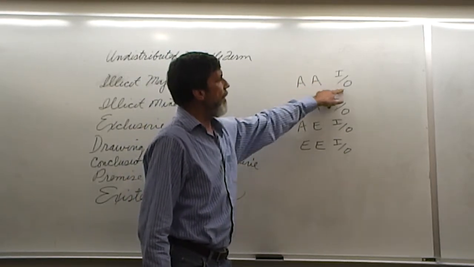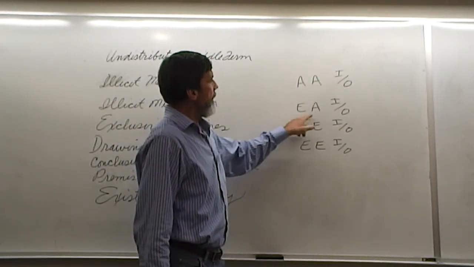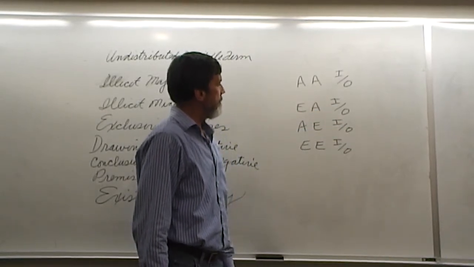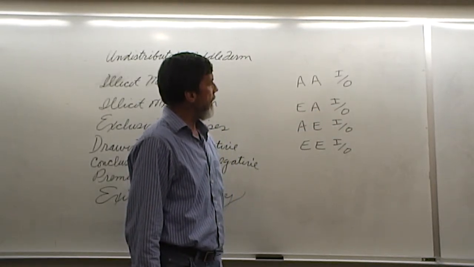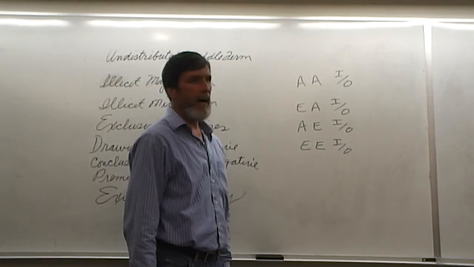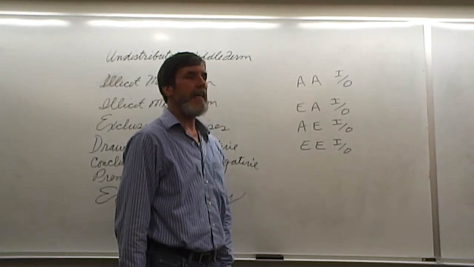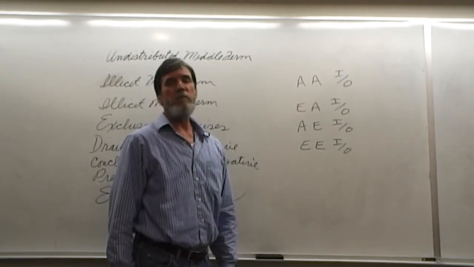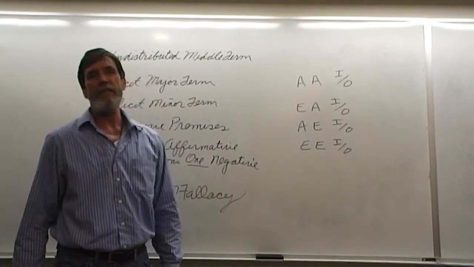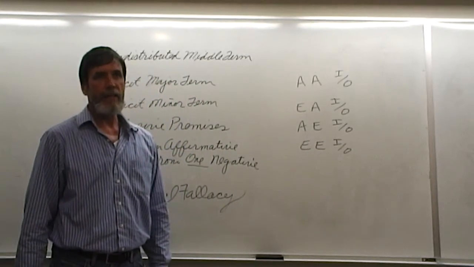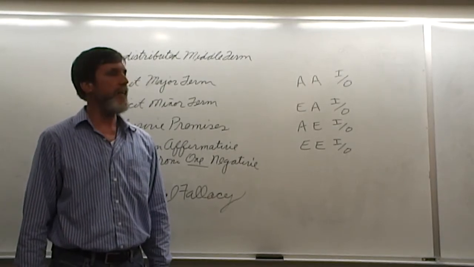AAI, AAO. EAI, EAO. AEI, AEO. EEI, EEO. In each one of those moods, we have 2 universal premises and a particular conclusion. So do you understand what you're looking at right there?